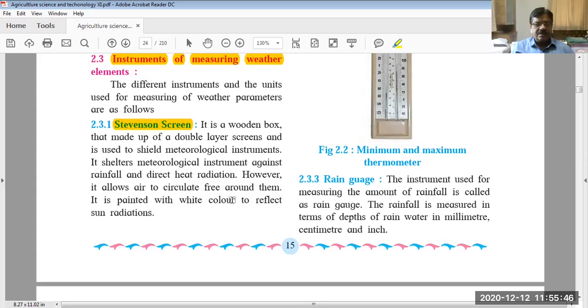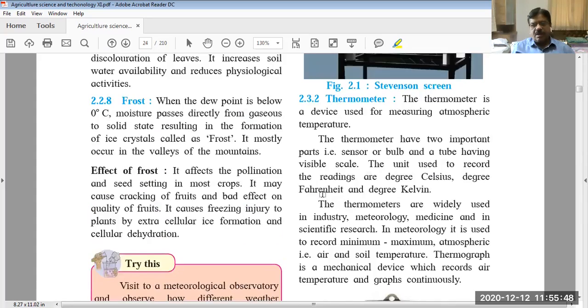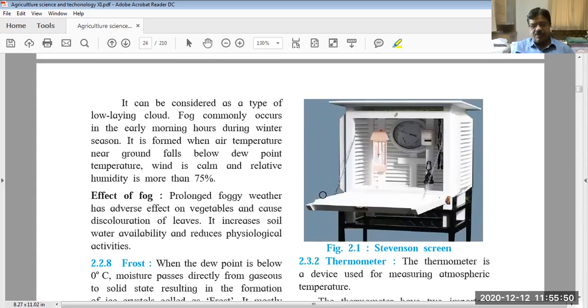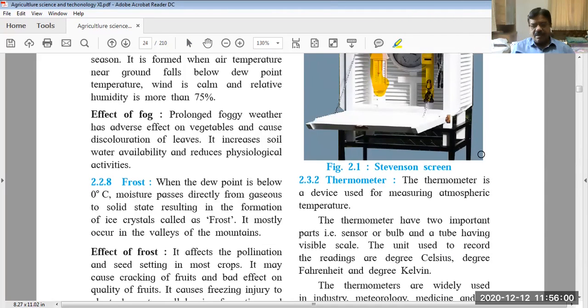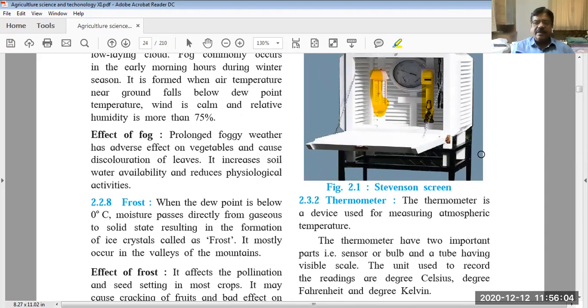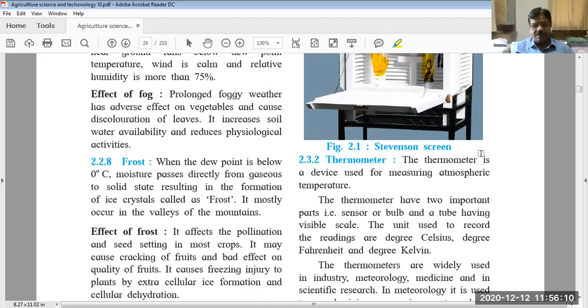In this instrument, you can see in the photograph there are thermometers. Here you can see one thermometer, and this is another thermometer. There are two kinds of thermometers, called the wet bulb thermometer and the dry bulb thermometer.